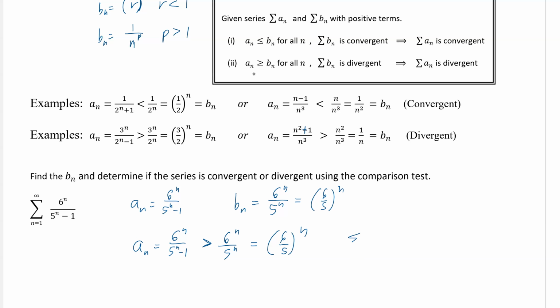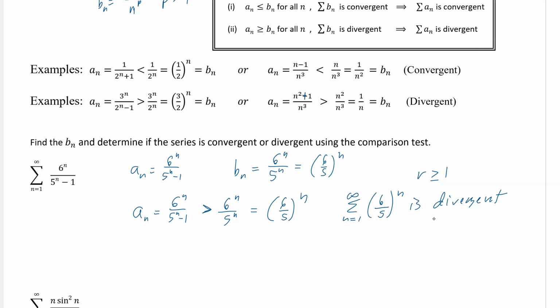And so then we know that the sum from n equals 1 to infinity of 6 over 5 to the n is divergent because our r is greater than 1 in this situation. And you can put the equal on there if you want.